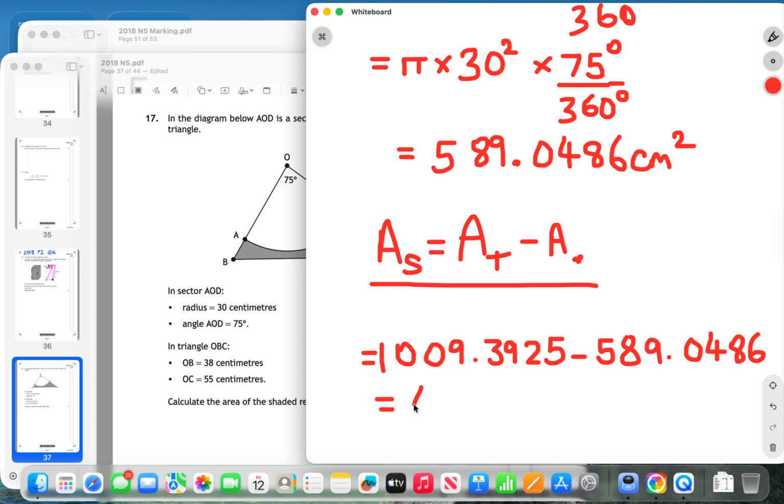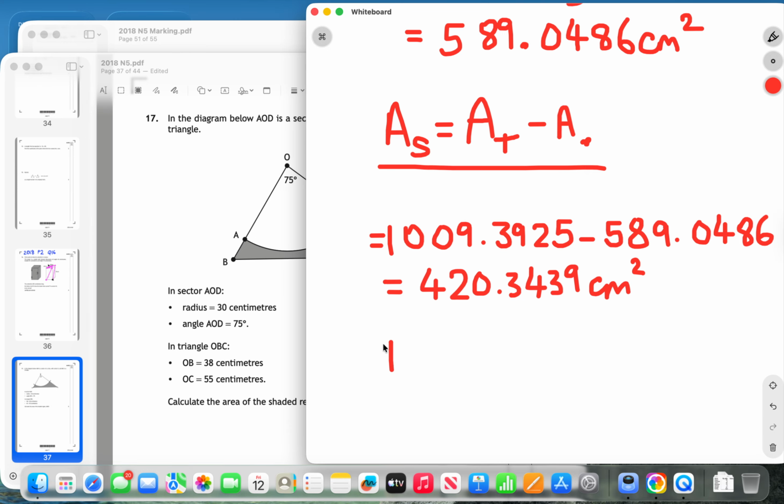We get 420.3439. And I'm going to round it to 1 decimal place. I think that's enough. I think 4 is too many.